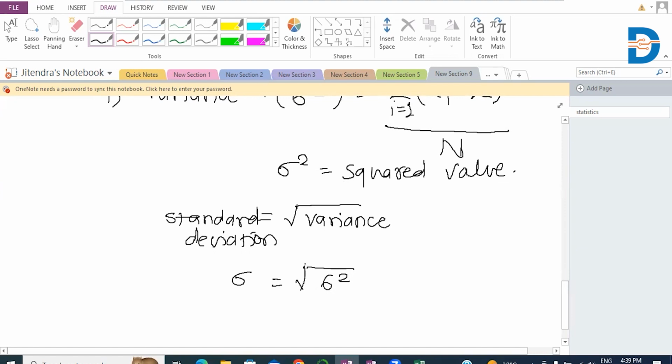So in the variance or standard deviation, each data point is considered in the calculation. We calculate the difference of each data point from the mean, and then we get the average.